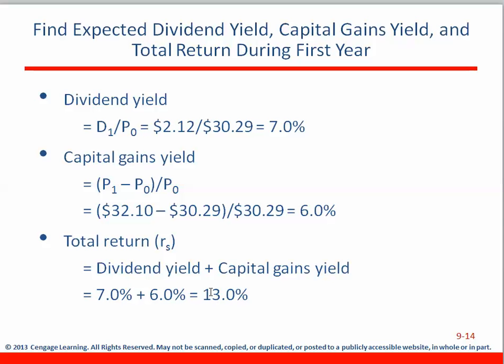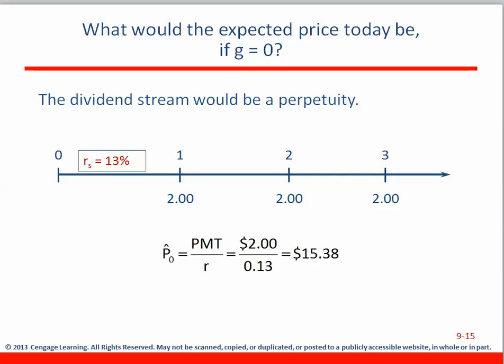And that happens to be equal to the required rate of return, but these are two different concepts. The required rate of return comes out of the CAPM and it's based on risk. This is what I actually expect to earn, and it's based on my forecasts of the cash flows. Now, the fact that the two are both 13 means that the stock is in equilibrium. It's correctly priced. What I expect to earn is equal to what I require, so this stock is correctly priced at $30.29.